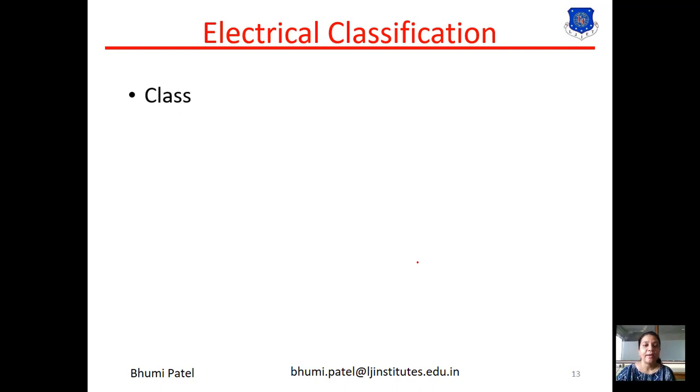We have three types of class in the electrical classification: class 1, class 2 and class 3. Depending upon the material type, meaning which type of material is used in the different instruments in the same control panel, we can divide the class into three: class 1, class 2 and class 3.